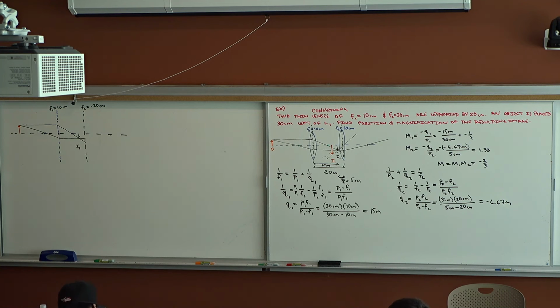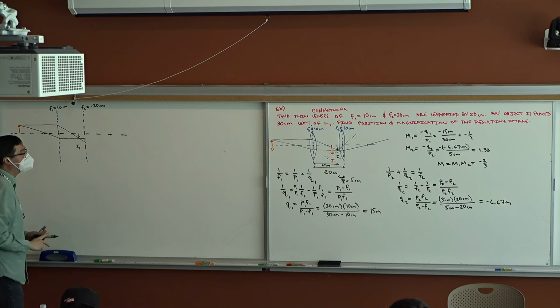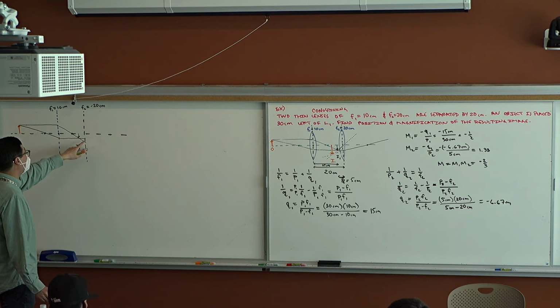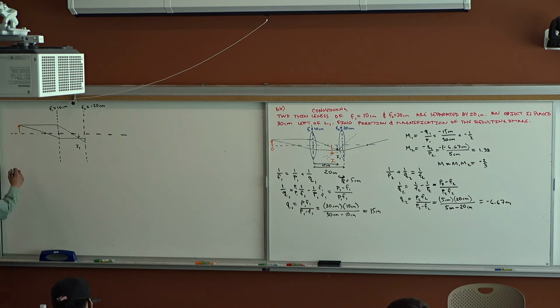All right, so now we have, this is our object. And when we have our diverging lens, a ray comes in parallel, what does this one do? That's going to do that.